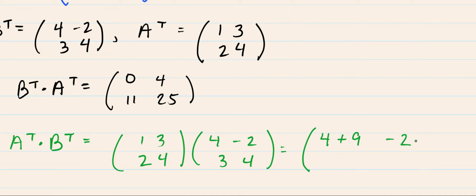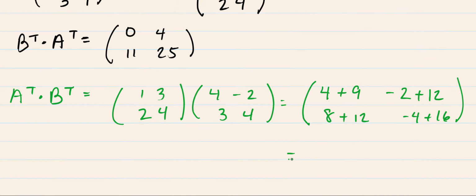So negative 2 plus 12, 8 plus 12, and then I get negative 4 plus 16. This should be 13, 10, 20, 12. Yeah. So this is our answer.